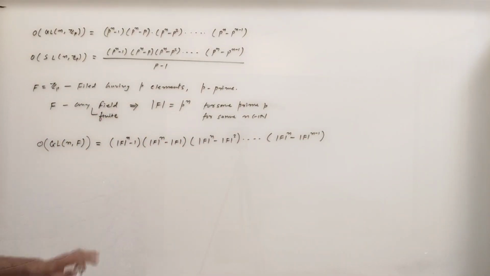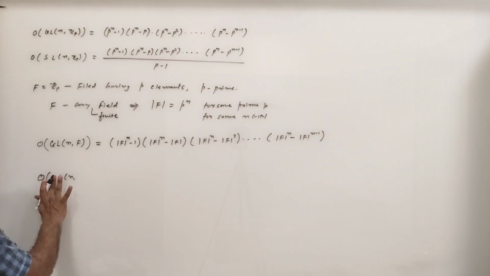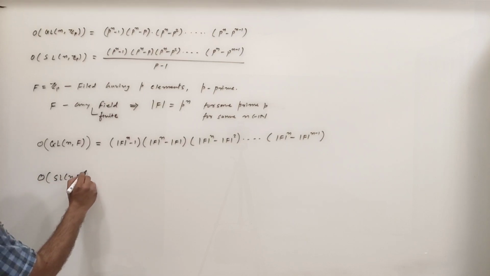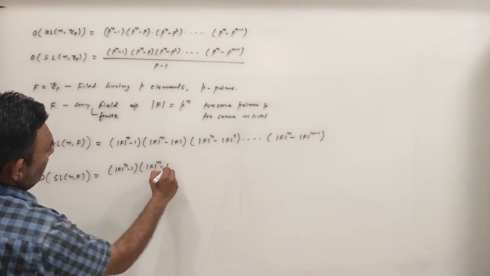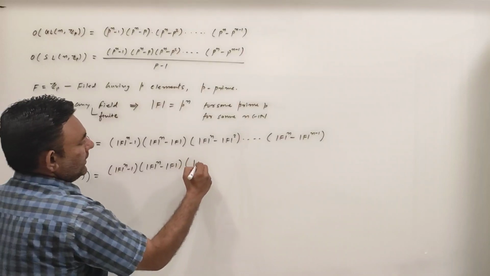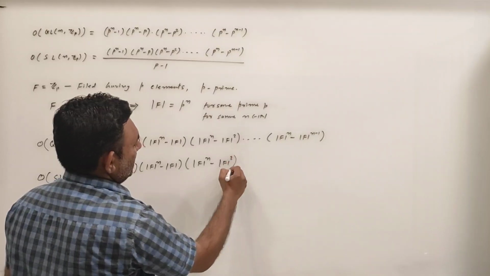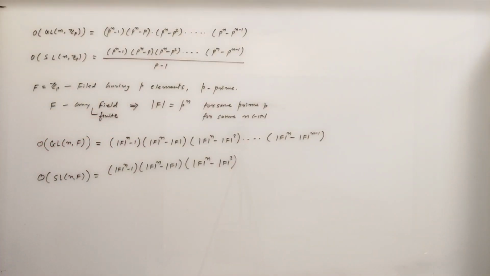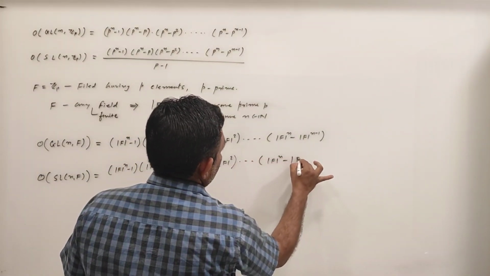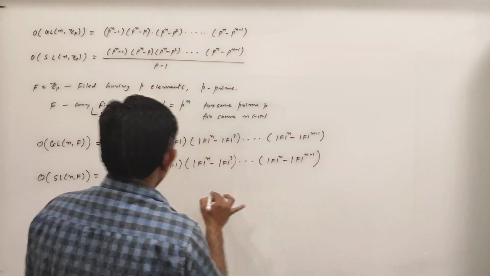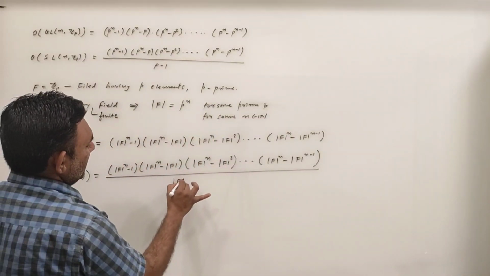So this is the general formula, and the order of SL(n, F) will be (|F|^n - 1)(|F|^n - |F|)(|F|^n - |F|^2), and so on, (|F|^n - |F|^(n-1)), divided by |F| - 1.